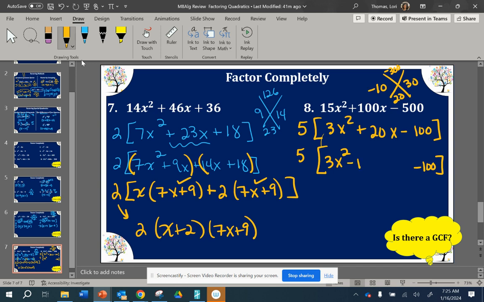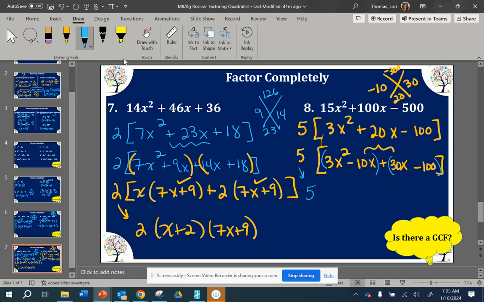So I'm going to say minus 10x plus 30x. So you can see that still is equivalent to 20x. Okay, now let's go group, group, group, and group. Bring down your 5.